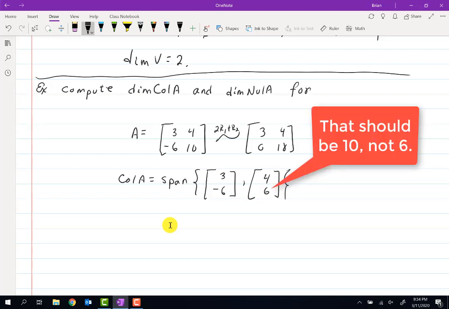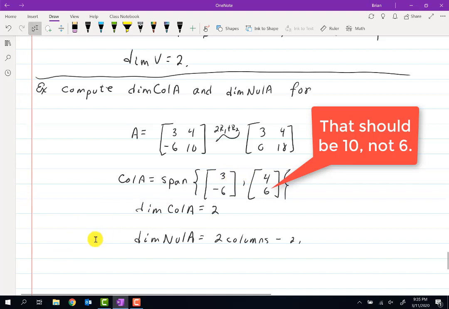So that means then, well, let me do this. Dim col A equals 2. Then remember, dim null A equals the number of columns, which is 2, so 2 columns minus the number of items in its span, minus 2 spanning vectors.